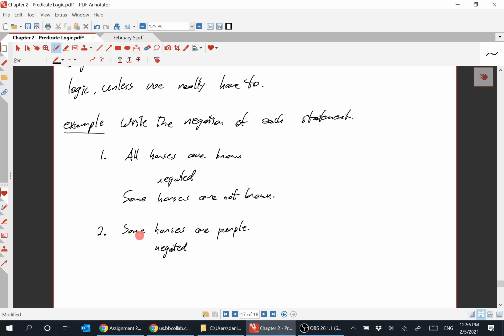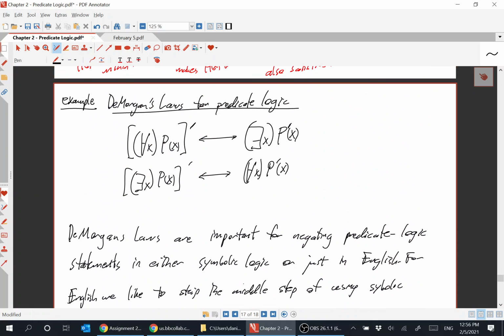There is a horse that is purple, negated, is there is no horse that is purple. There is no horse is negating the quantifier. We don't want to negate the quantifier. We want to flip the quantifier and negate the statement afterwards, just like how we have it written here. There is not a purple horse means every horse isn't purple.